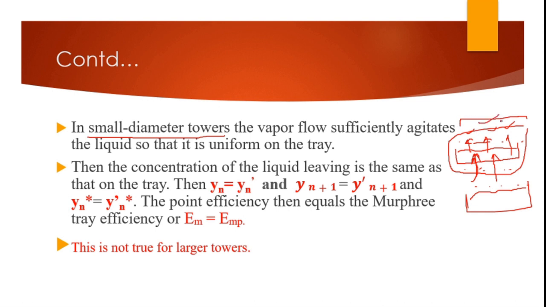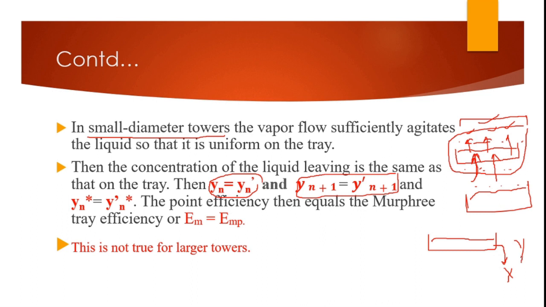The average concentration over the entire tray is the same as the concentration at any single point. That is what we are seeing over here. Also the equilibrium concentration is the same, because in Murphy efficiency we take the y star corresponding to the x over here, but if the x over here is the same as the x on the tray, then it doesn't matter.